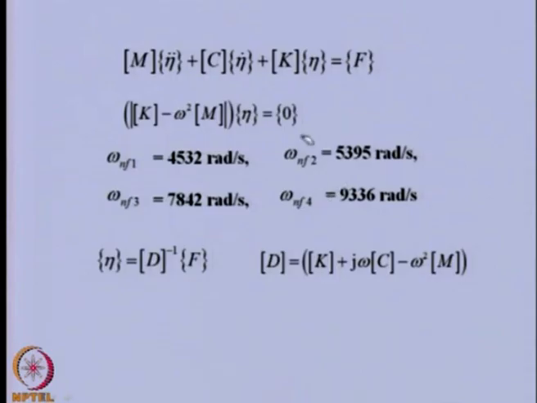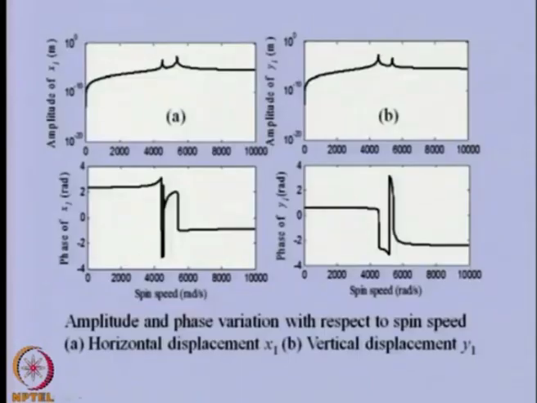Now, for force response, we can use this directly, without damping or with damping. So, this is the unbalanced response, where D is this whole matrix. We can solve this for various values of speed, and we can plot the response like this.